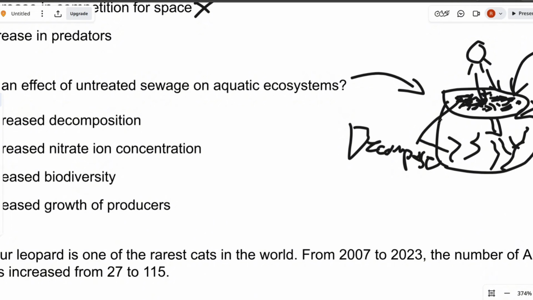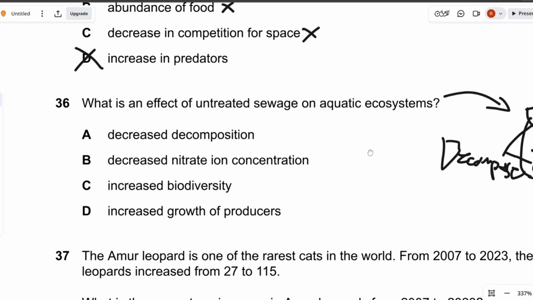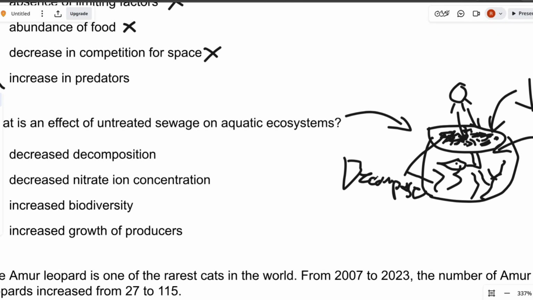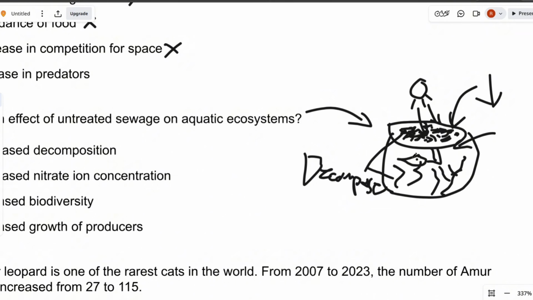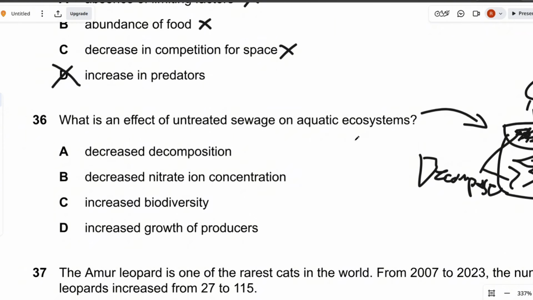It has no oxygen, no light, and the fish inside will die because of two reasons. First of all, they don't have any food because the plants here died, and second of all, the amount of oxygen inside is completely depleted, and so they cannot even carry out respiration of their own, so they cannot produce energy, and the biodiversity in turn decreases because you've dropped the number of plants and you've dropped the number of animals, in this case the fish, and so the biodiversity is dropped.